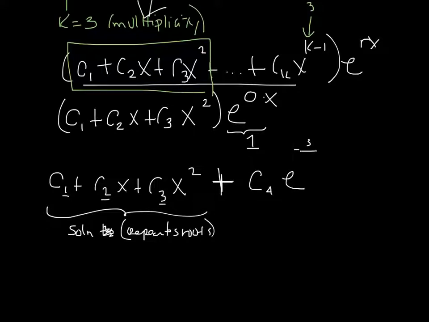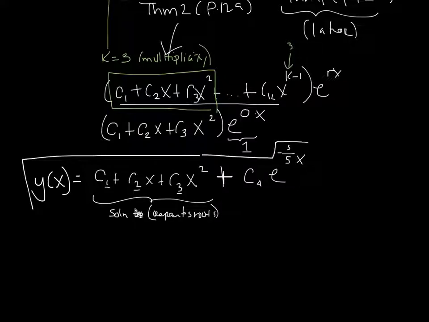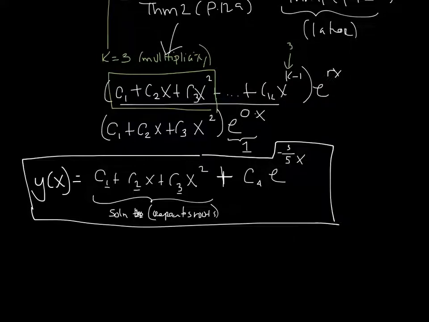My r was negative 3/5, so e to the negative 3/5 x. Again, I'm using 2 theorems, and this is my final answer. So that was number 10. Hopefully that makes sense. I will definitely do another problem very similar to this so you can get more practice.